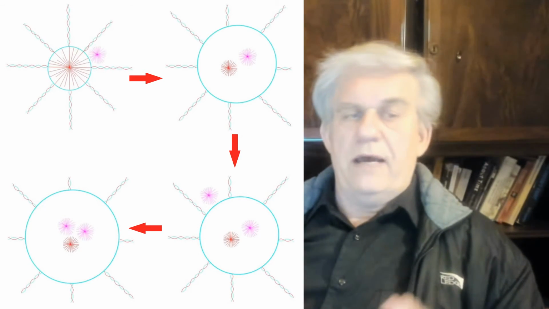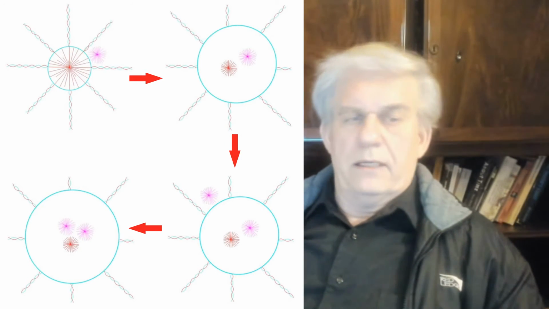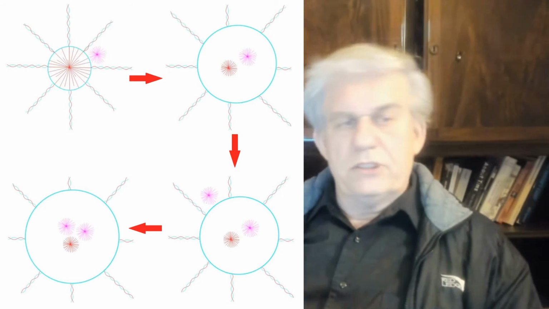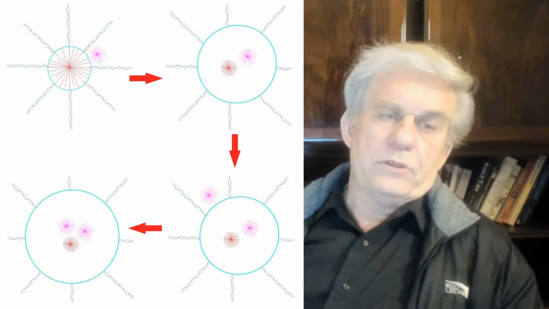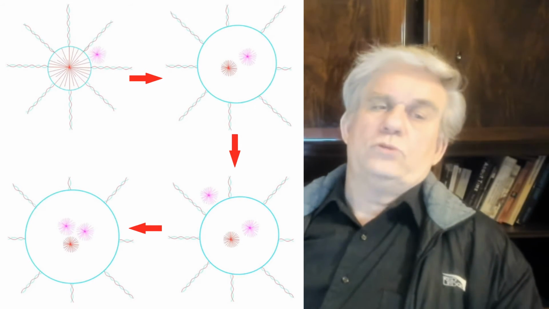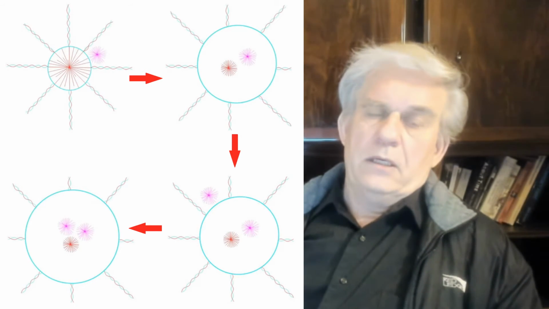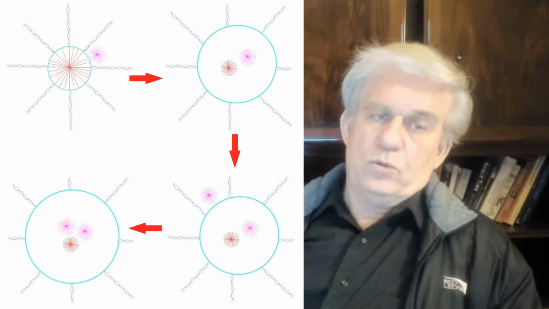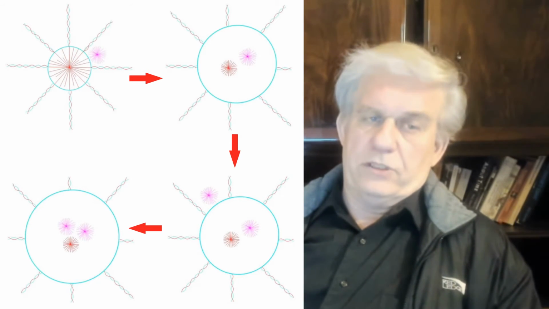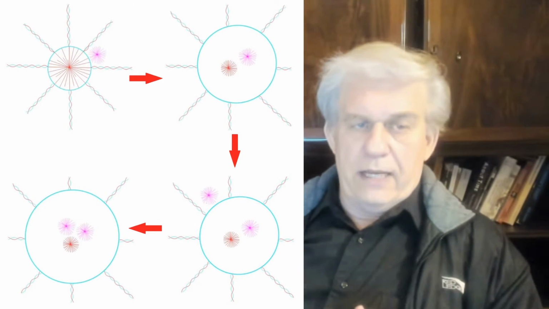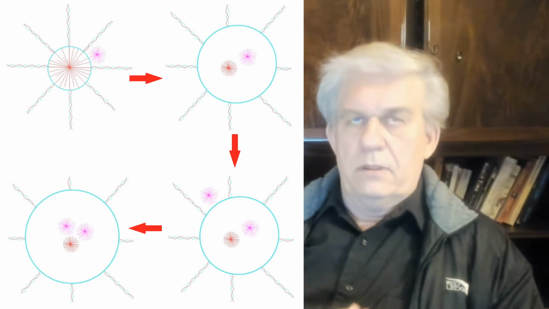So if you have an atom like calcium, which is atomic number 20, that means it's got 20 protons, 20 electrons. This atom also has approximately 20 neutrons as an average. Remember, neutrons vary. You can have more neutrons than protons.